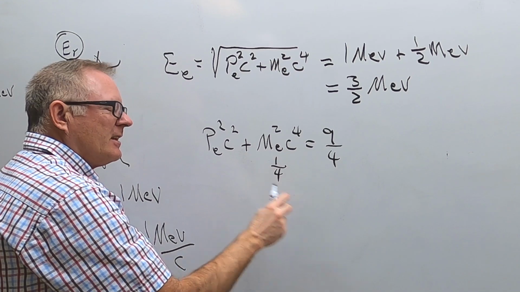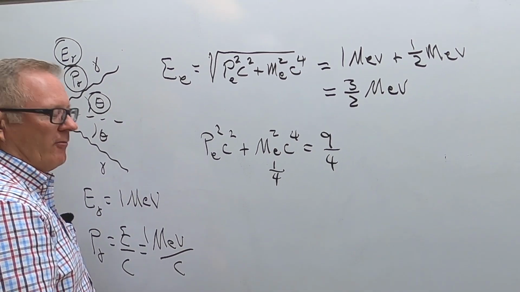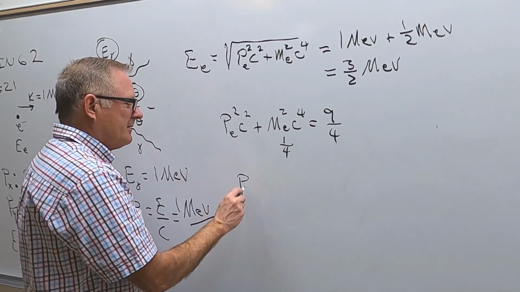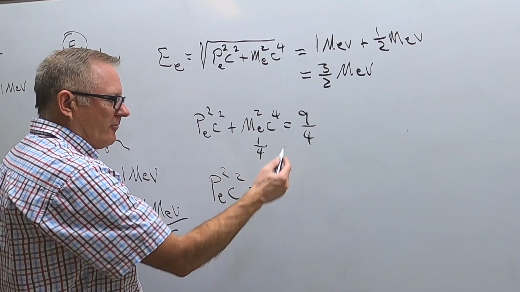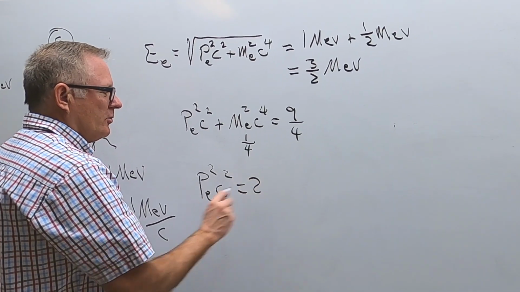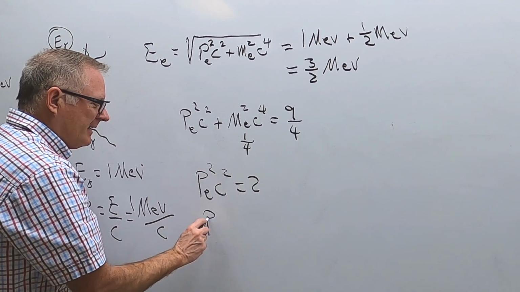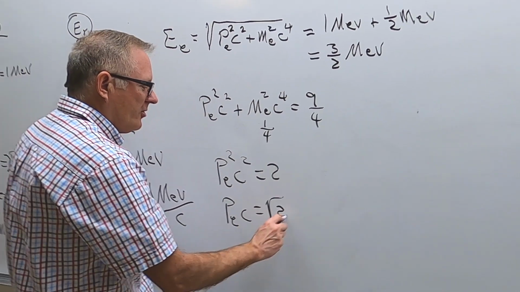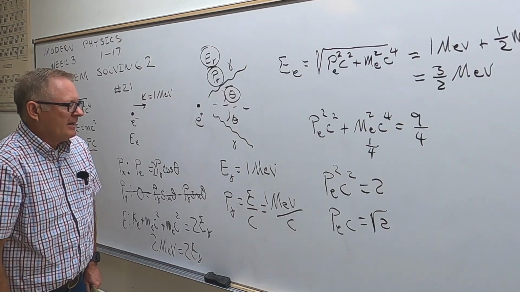If we bring it to the other side, 9/4 minus 1/4 is 8/4, which is just 2. So P sub E squared C squared is 2, and then we take the square root of both sides. So P sub E C is equal to the square root of 2. I'm not going to put the units in right here.